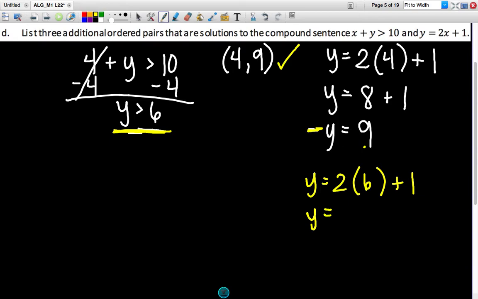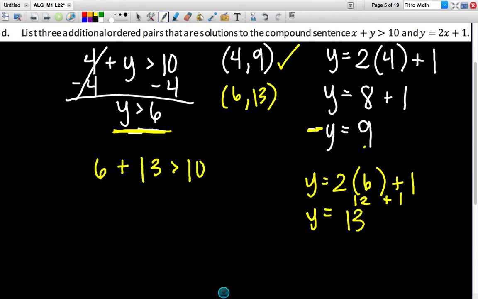So y would equal 12 plus 1, which would be 13. So let's see if (6, 13) works. So let's plug it in here. x plus y is greater than 10. 6 plus 13 is 19. That is a true statement. So (6, 13) does work.